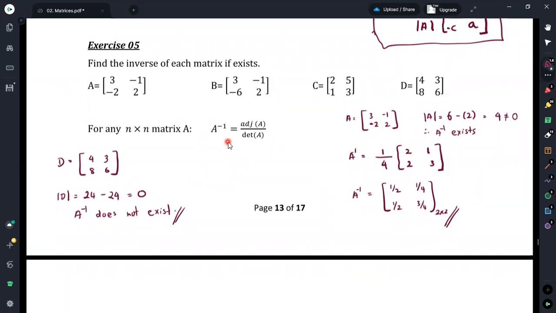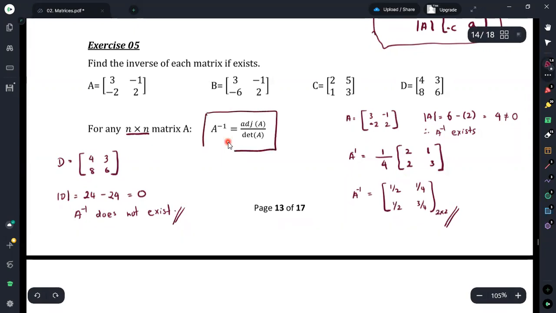Therefore, for any given higher order matrix, we can obtain the inverse by using the equation: the adjoint of the matrix divided by the determinant of the matrix. The adjoint matrix of the initial matrix divided by the determinant gives us the inverse of that matrix.